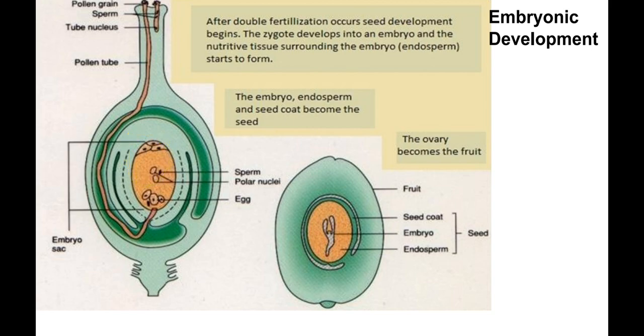Then the embryo develops, and we have development of the seed, and the seed has an embryo and some endosperm on the outside. Endosperm is a source of energy later for the embryo to grow and develop. And we have the fruit itself.